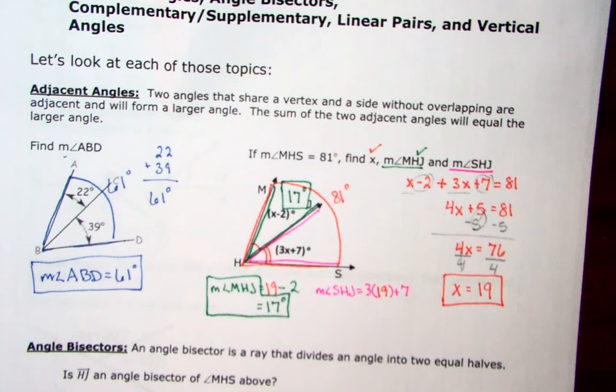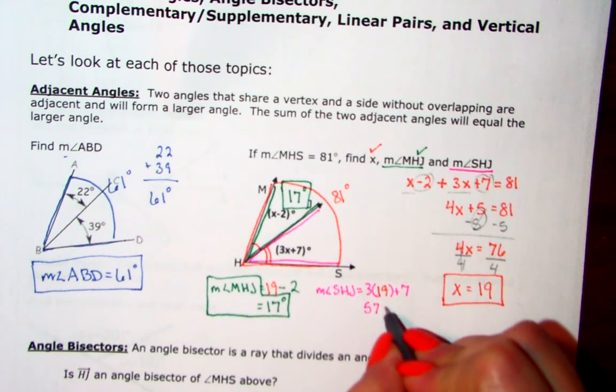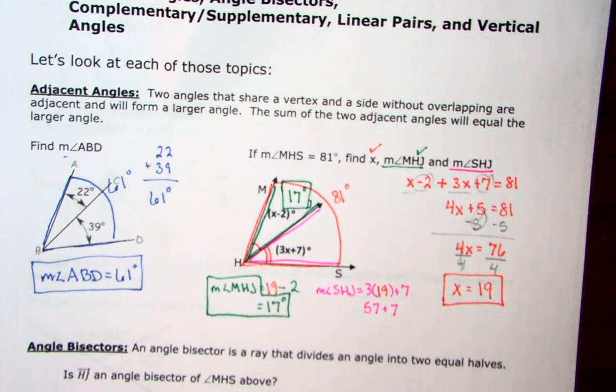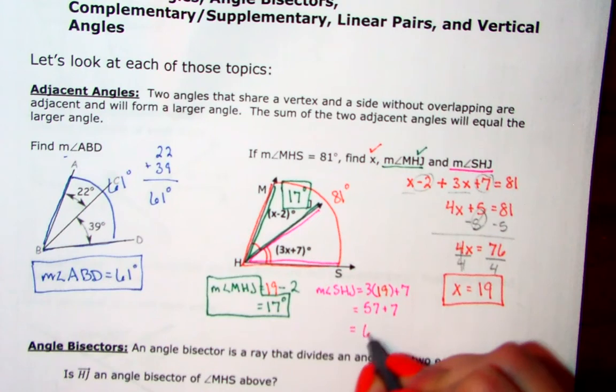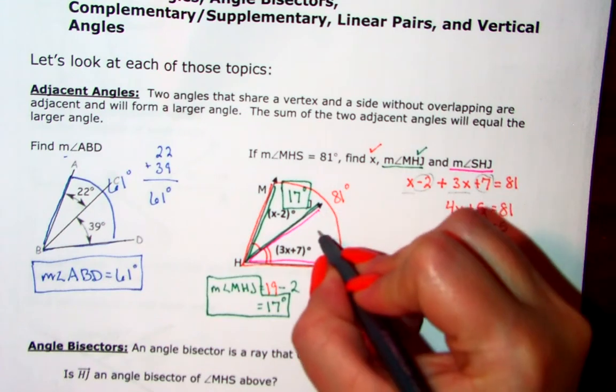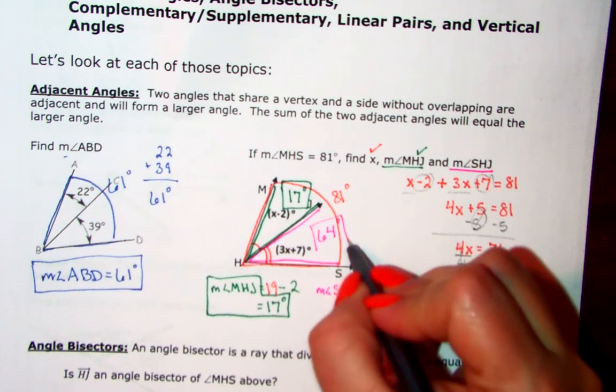So 3 times 19 is 57 degrees, plus 7 is 64 degrees. So this angle here is 64 degrees.